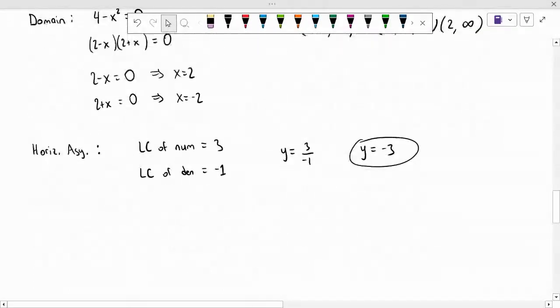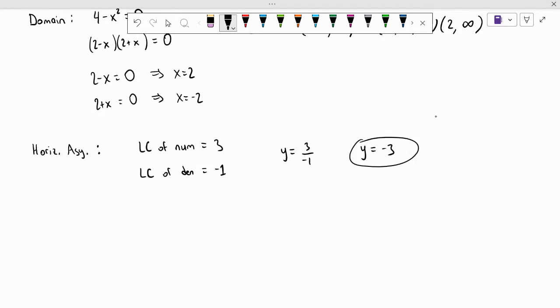When we're looking at the vertical asymptotes and the holes, that's where you'll want to focus on the numerator as well as the denominator. But for the domain, you only focus on the denominator. Even if there's a cancellation where the denominator was 0, that will still be a place where your function was undefined. So for the purpose of the domain, you only look at where the denominator is 0, and it doesn't matter whether you can cancel it out or not.